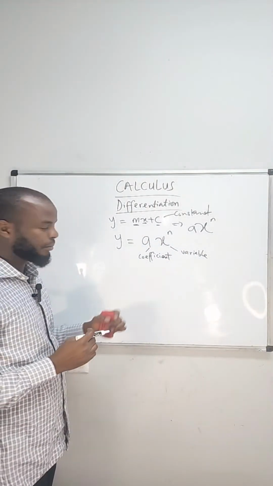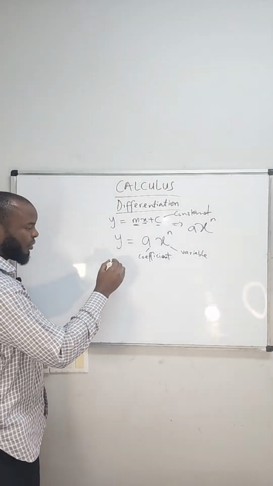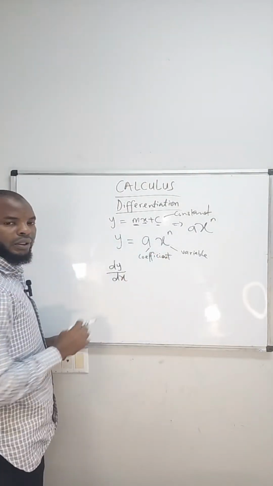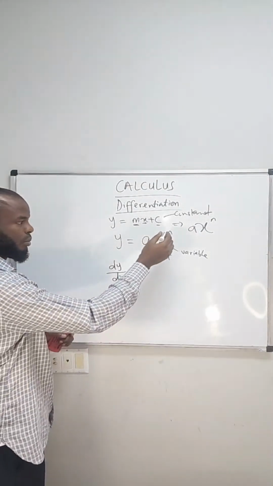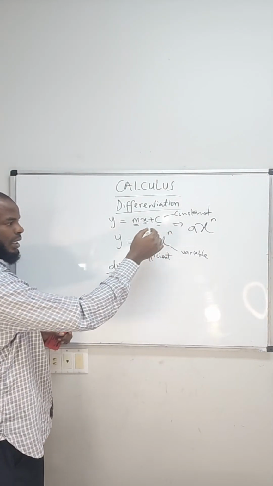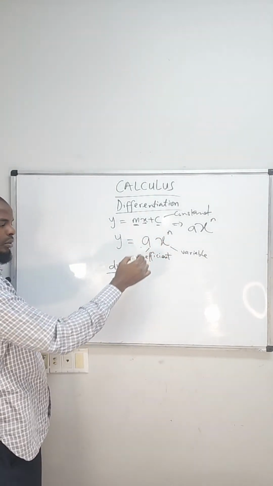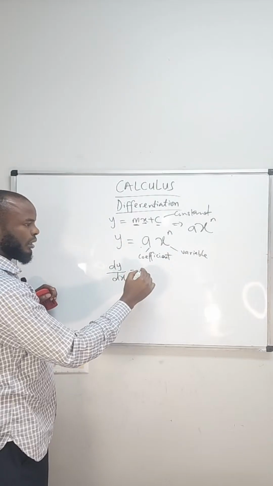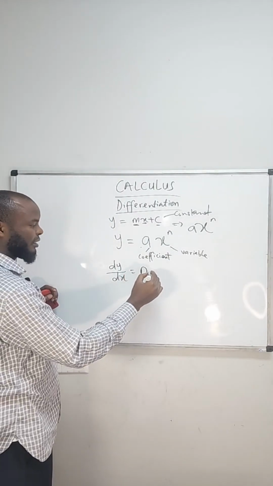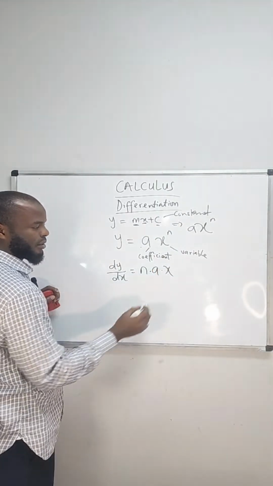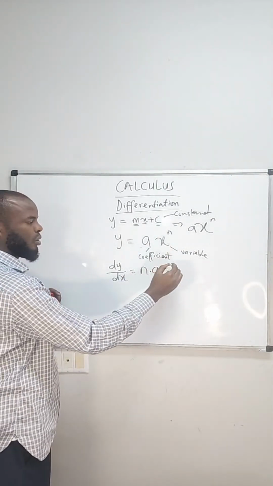Now, here, if you want to find the derivative of your y with respect to x, what you just have to do is bring this n down. Your n, just bring it down. So dy/dx is going to be n times a times the variable x, with 1 subtracted from the power.